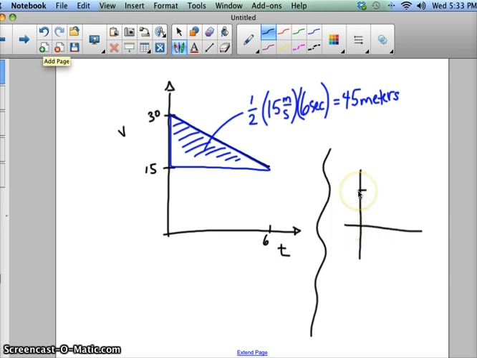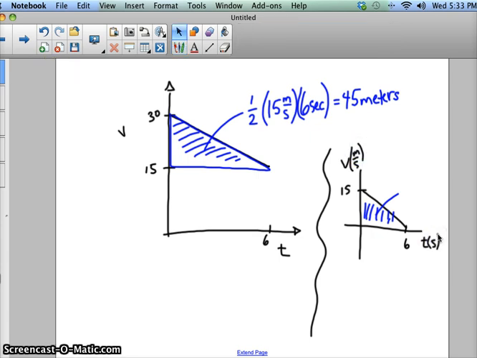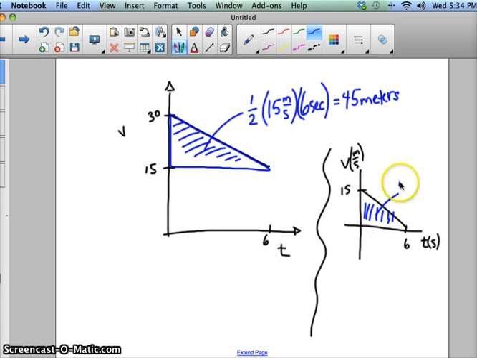Let's say an object, a car, was going 15 meters per second, and in 6 seconds it stopped. Well, in that case, sure, if you slow down from 15 meters per second down to rest, I'd agree with you. Your displacement would be 45 meters.